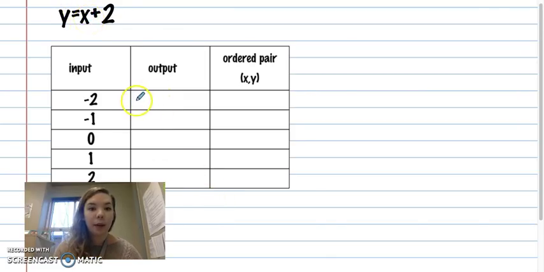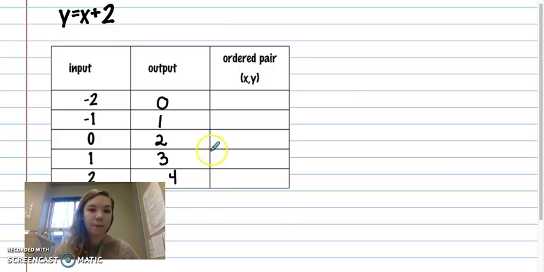So here, I'm going to have y equals negative 2 plus 2 will give me 0. Y equals negative 1 plus 2 will give me 1. 0 plus 2 is 2. 1 plus 2 is 3. 2 plus 2 is 4.